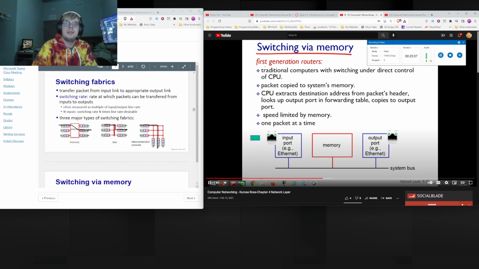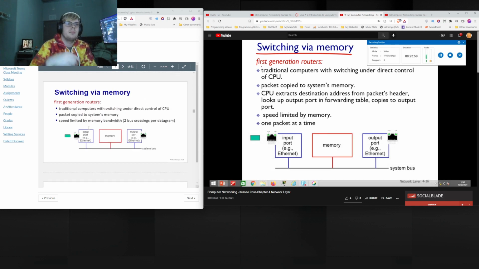The earliest routers were often traditional computers with switching between input and the output port done under the direct control of the CPU. In this, the input and output ports functioned like a traditional input-output device, and the input port with an arriving packet first signals the routing processor via interrupt.